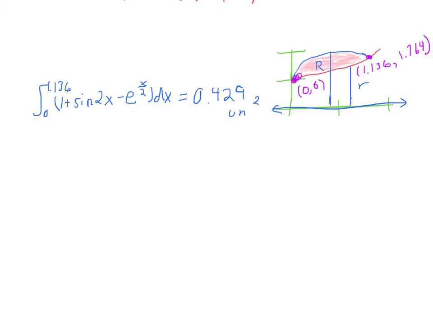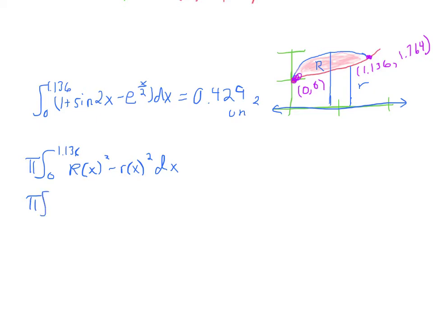So to find the volume, we are going to use the formula integral from 0 to 1.136 of big R of x squared minus little r of x squared dx, with a pi out in front.